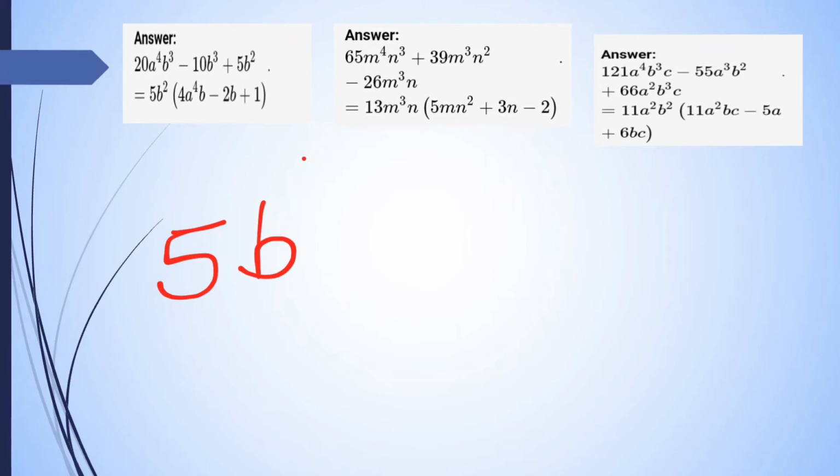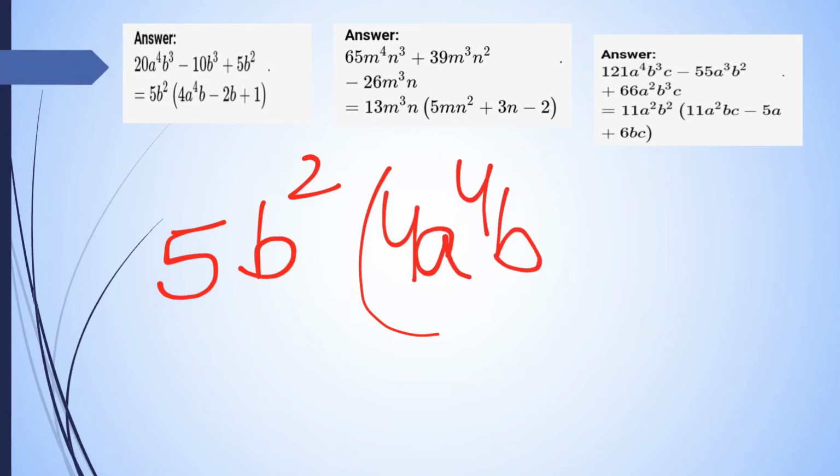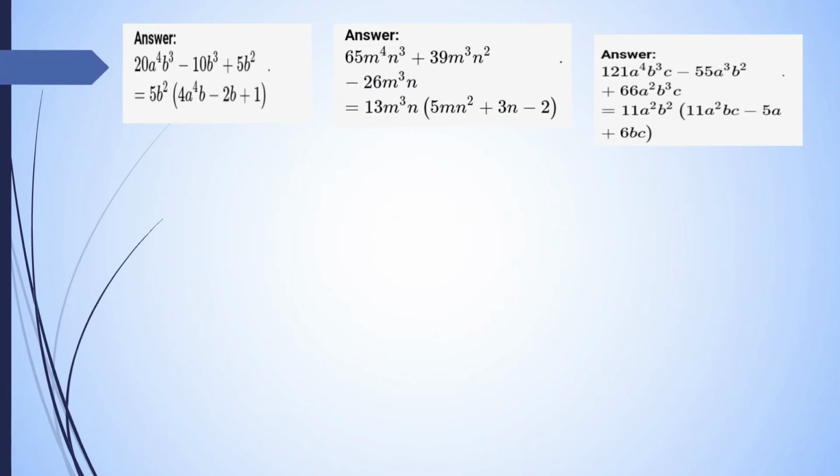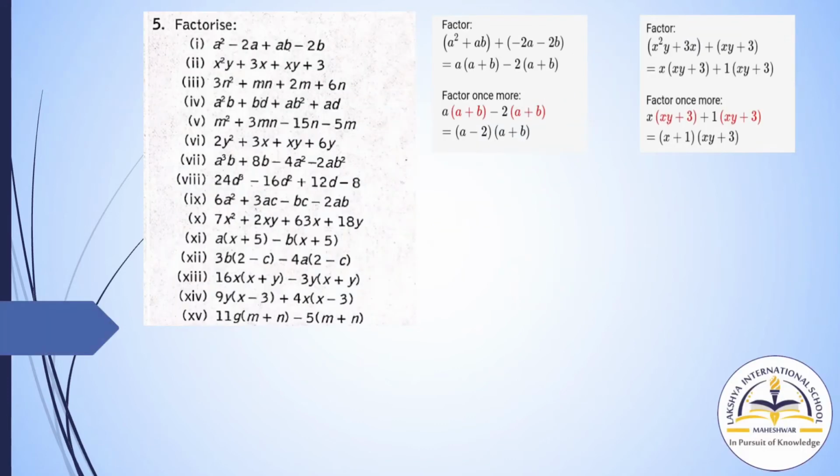So 5b square we will take common. Now the remaining we will write in the bracket, that will be 4a to the power 4 b minus 2b plus 1. Now in the same manner you have to solve these questions.